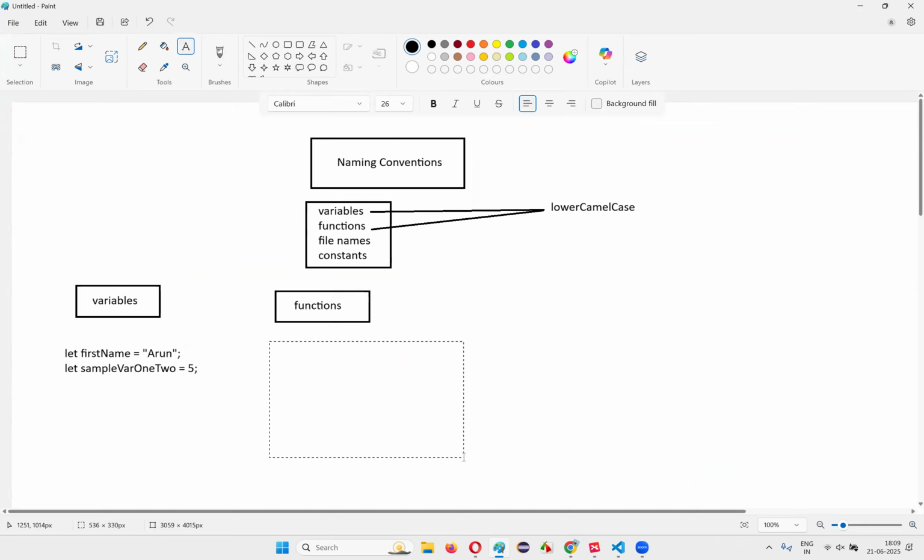The function keyword is what we use for creating functions in JavaScript, followed by the function name. Sample one is the name of the function, with the starting and ending of the function. There are two words in this function name. The first word is in complete lowercase, all its letters. For the second word, the first letter will be in uppercase.